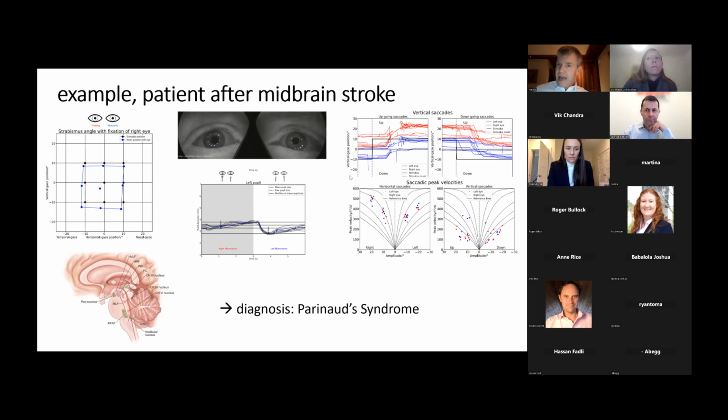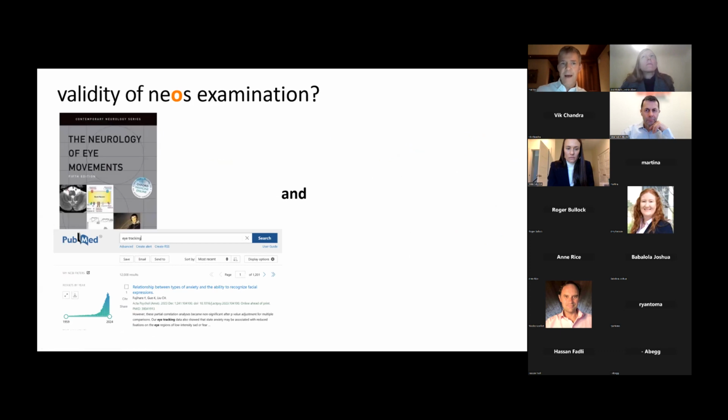So that's the kind of analysis NEOS does. It looks at eye movements, pupil movements, and tries to figure out where in the brain something is wrong. And then you may wonder, is this kind of examination valid? And luckily, there is a long scientific tradition of measuring eye movements with eye trackers.